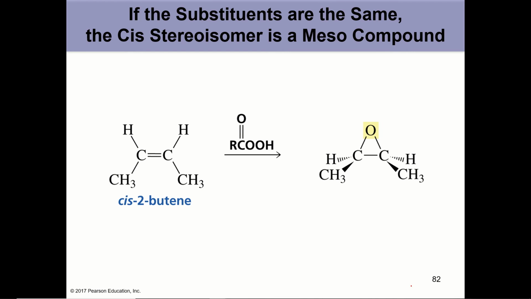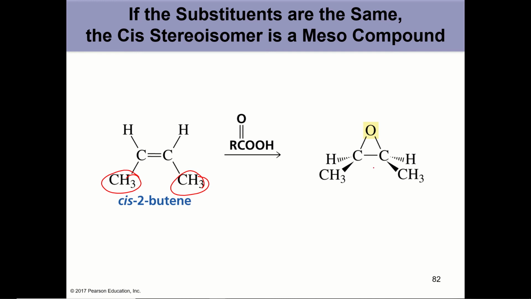What if the two substituents are the same for a cis isomer? Well, SYN addition to a cis isomer that has identical substituents on the alkene will produce a meso compound.